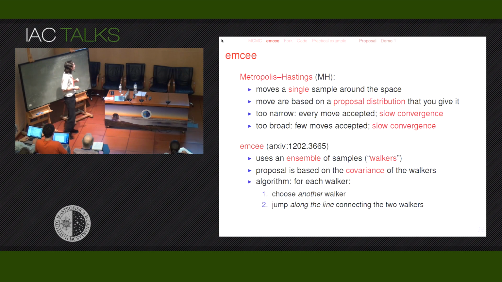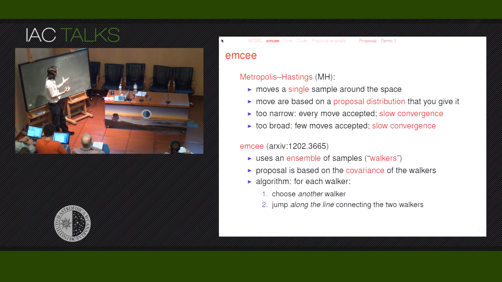Okay, so as I said already, you're moving a single particle around the space. The moves are based on a proposal distribution that you have to give it. And I guess one of the main problems is if this isn't very well specified, if you don't give it a good proposal distribution, then things can go badly.